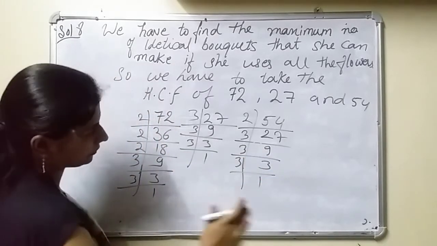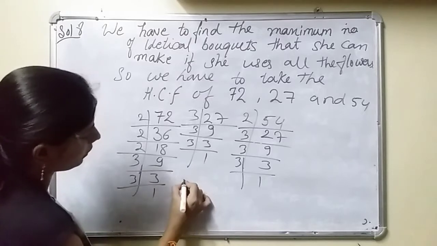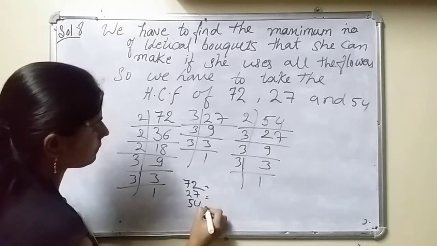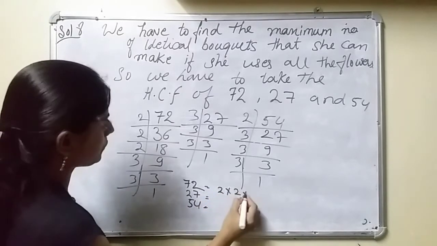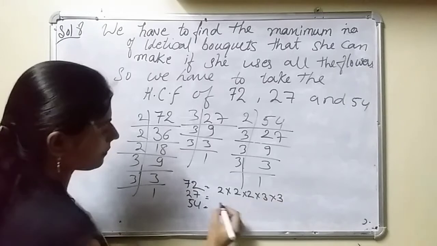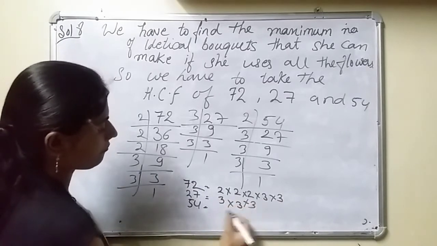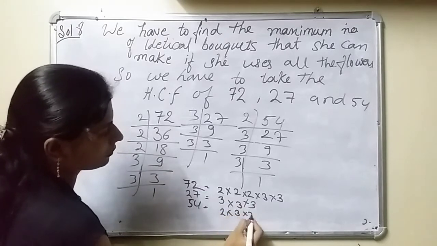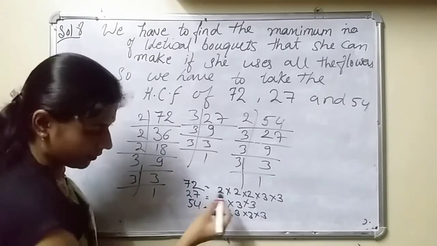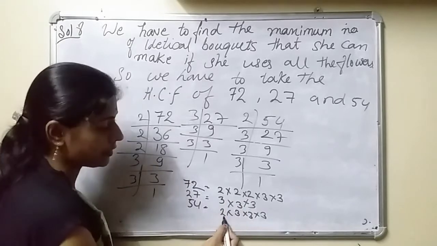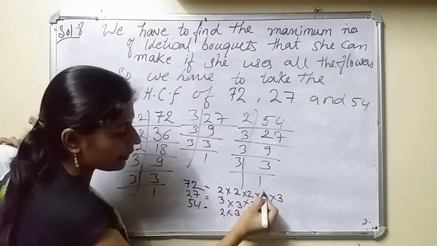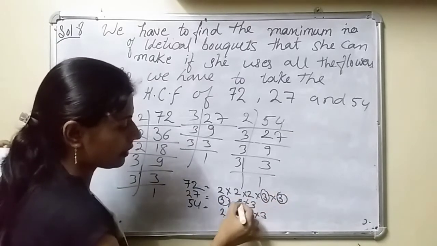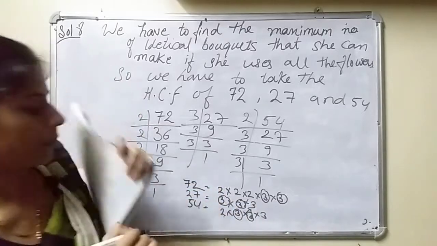Now see, 2 into 2 into 2 into 3 into 3, 3 into 3 into 3. 2 is here, 2 is not there but 2 is here, so you cannot take it common. Directly you have to take out 3, here also 3, here also 3, here 3, again 3, again 3.